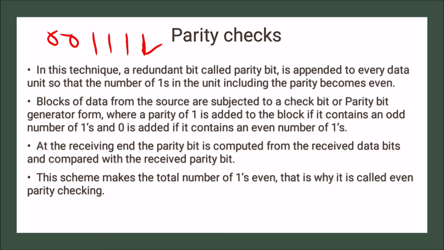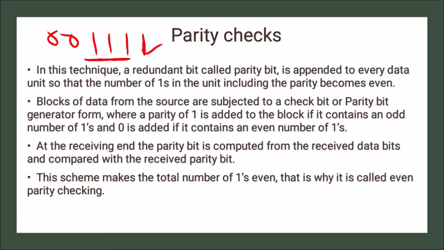Blocks of data from the source are subjected to a check bit or parity bit generator, where a parity of 1 is added to the block if it contains an odd number of ones, and 0 is added if it contains an even number of ones. For example, here there is an odd number of ones, so we add 1 as a parity bit and the number of ones becomes even.